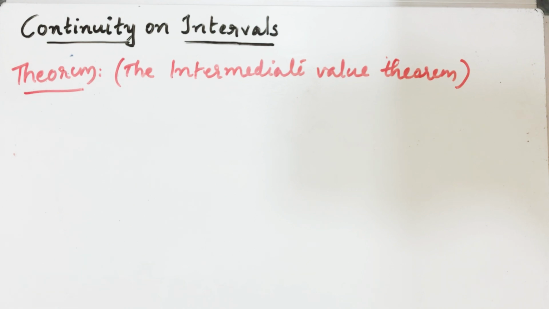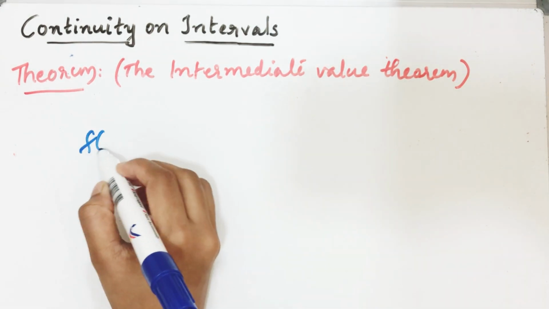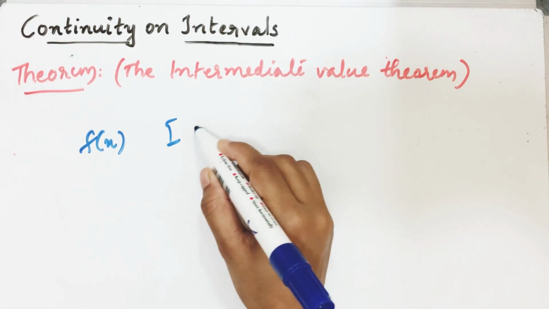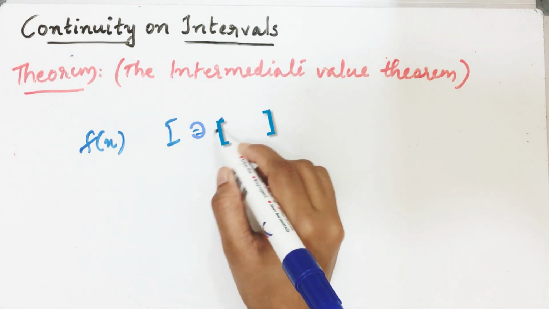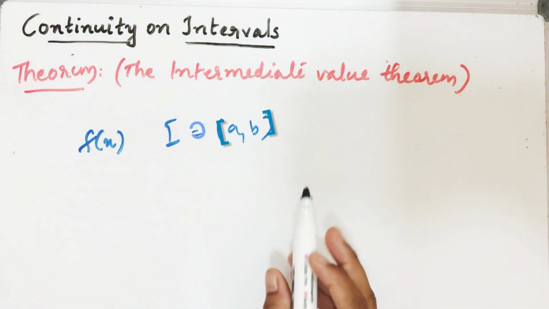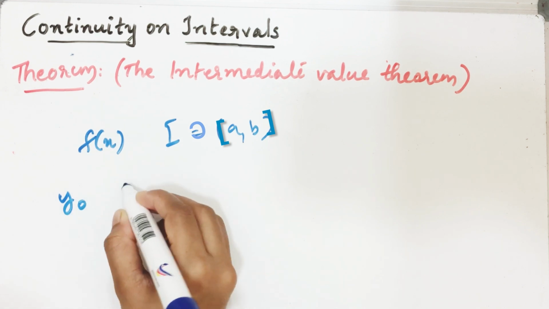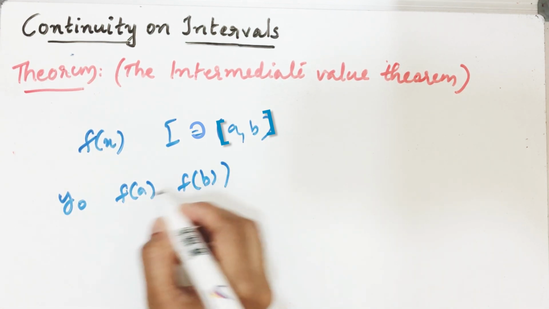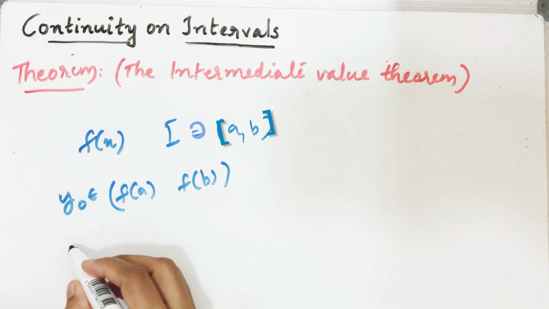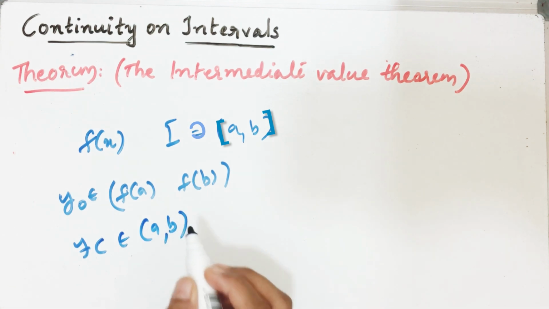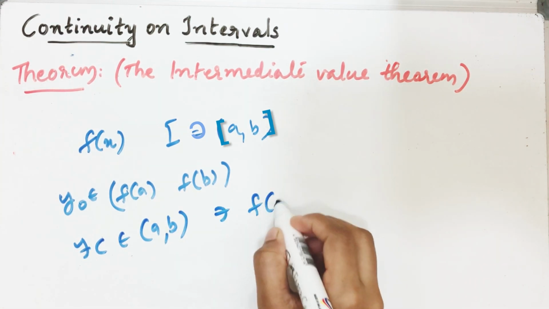Or we can say, suppose f of x is continuous on an interval I, and a and b are any two points of I, so that the closed interval [a, b] is in I. Then if y0 is a number between f of a and f of b, there exists a number c between a and b such that f of c is equal to y0.